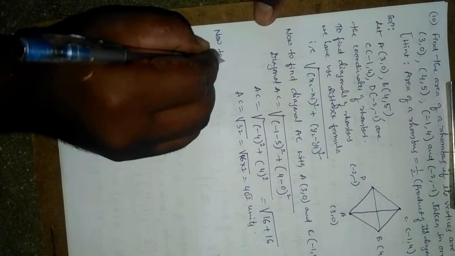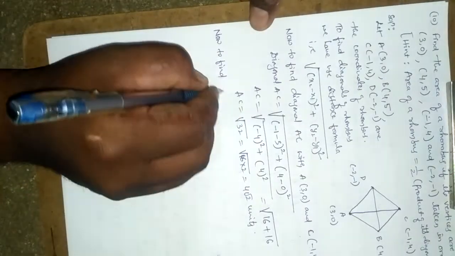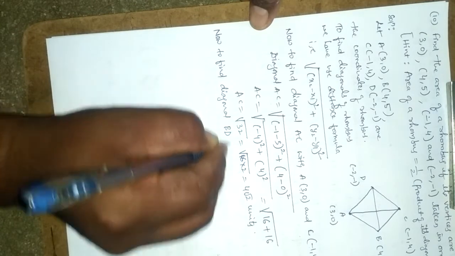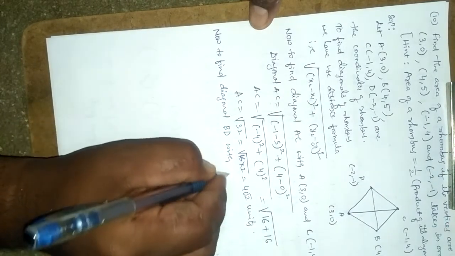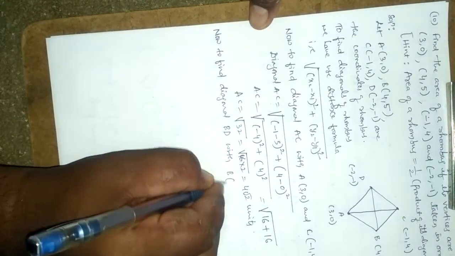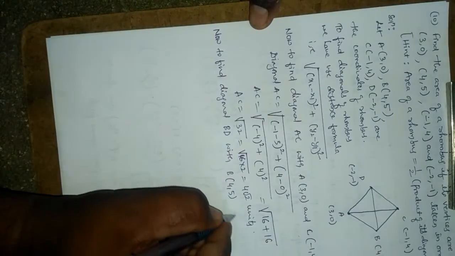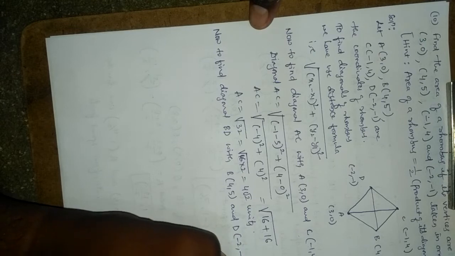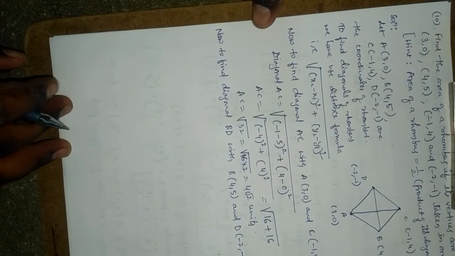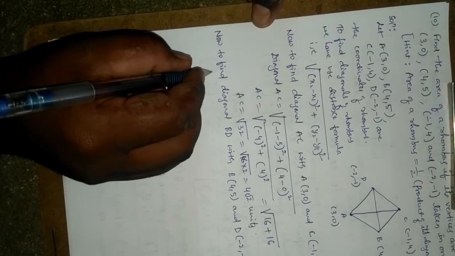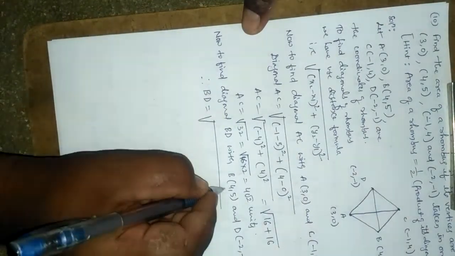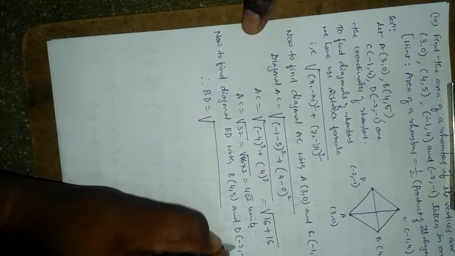Now to find diagonal BD with the coordinates B(4, 5) and D(-2, -1), with the help of the distance formula. Therefore BD is equal to under root, here this is (x1, y1) and (x2, y2).